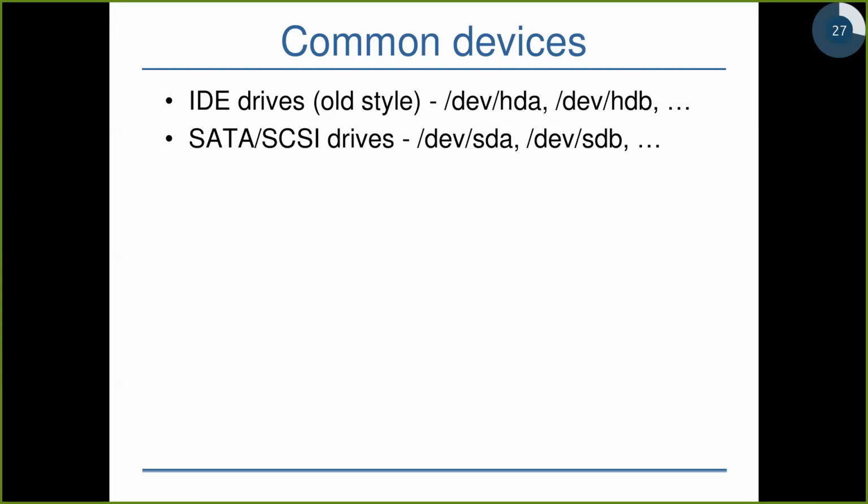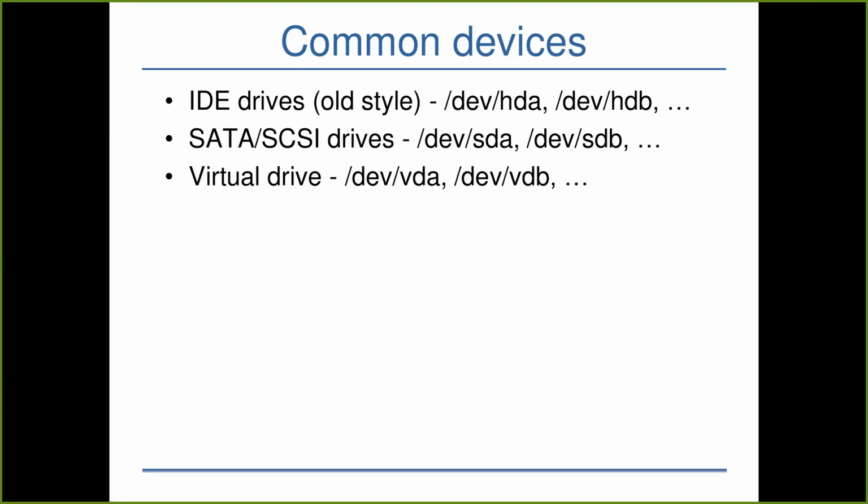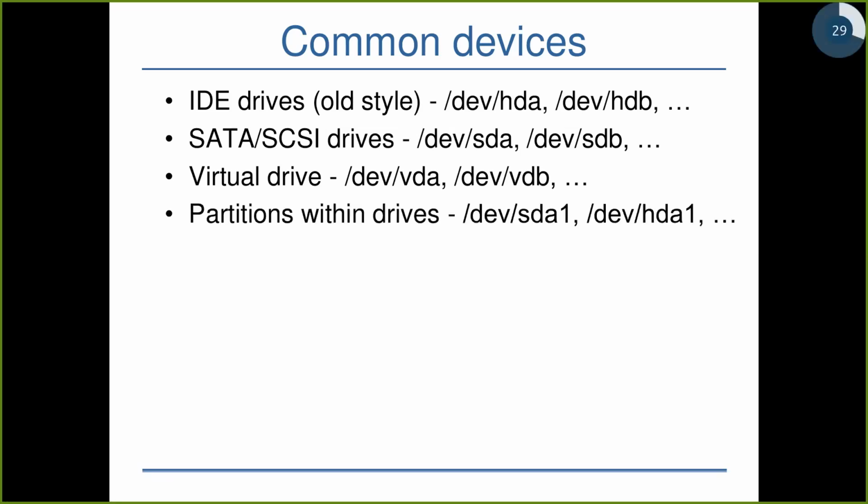SATA, serial ATA, or SCSI devices you can still see as sda, sdb, and so on. Also virtual drives, if you use virtual machines, you can see vda, vdb, and so on. Partitions within a drive, like sda1, sda2, and so on.